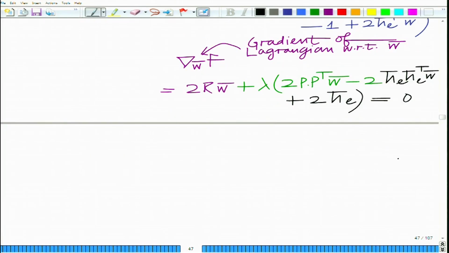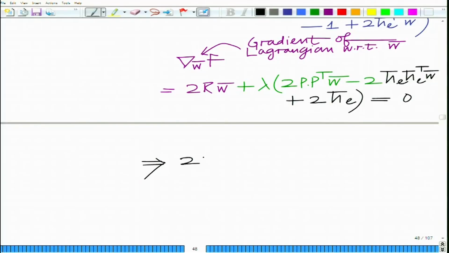And now if you simplify this, setting it equal to 0, considering the gradient of the Lagrangian with respect to W bar, and we are equating this to 0. Now if you solve this, this will be twice R W bar, the factor of 2 will cancel, so you can remove this factor of 2.